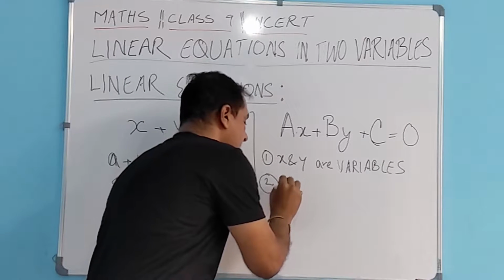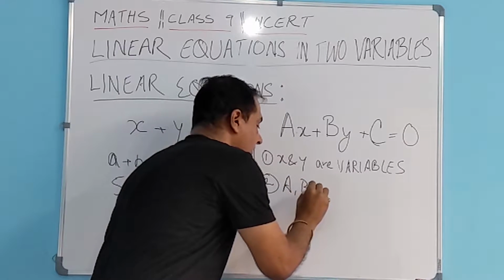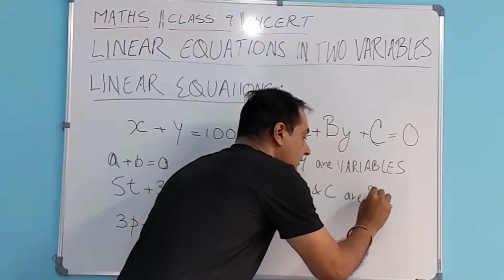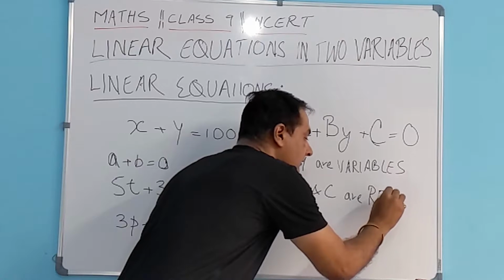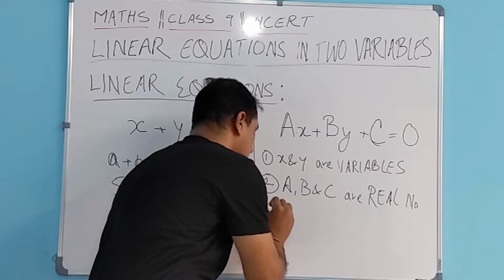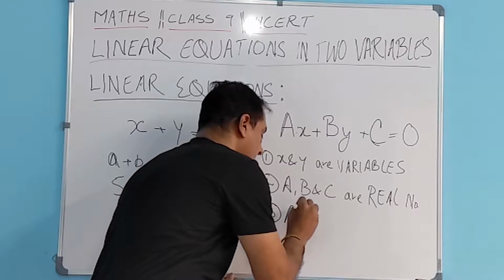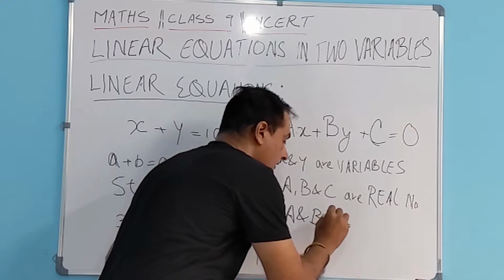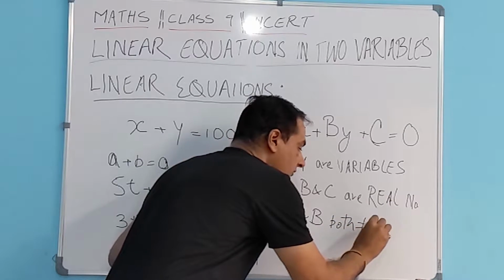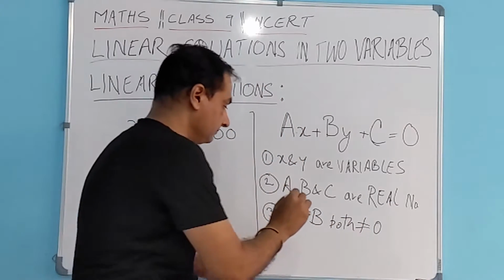Second condition is a, b and c are real numbers. And third is a and b both cannot equal 0.